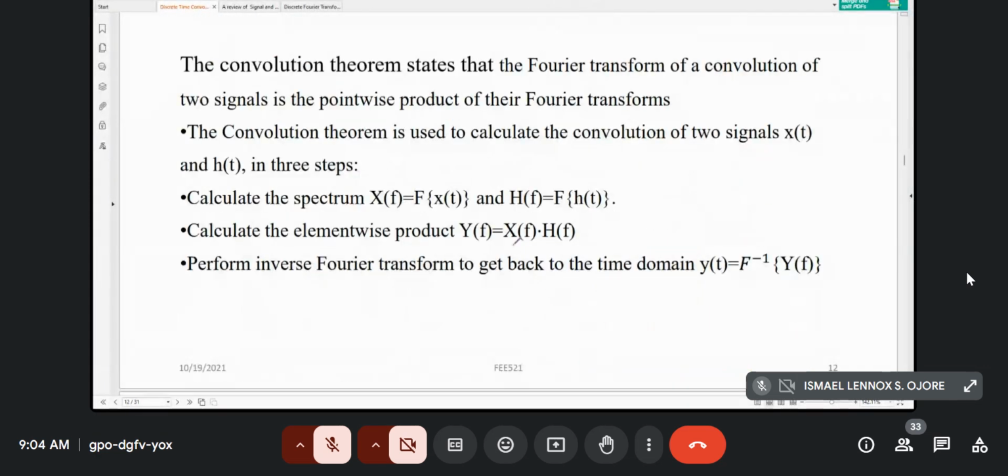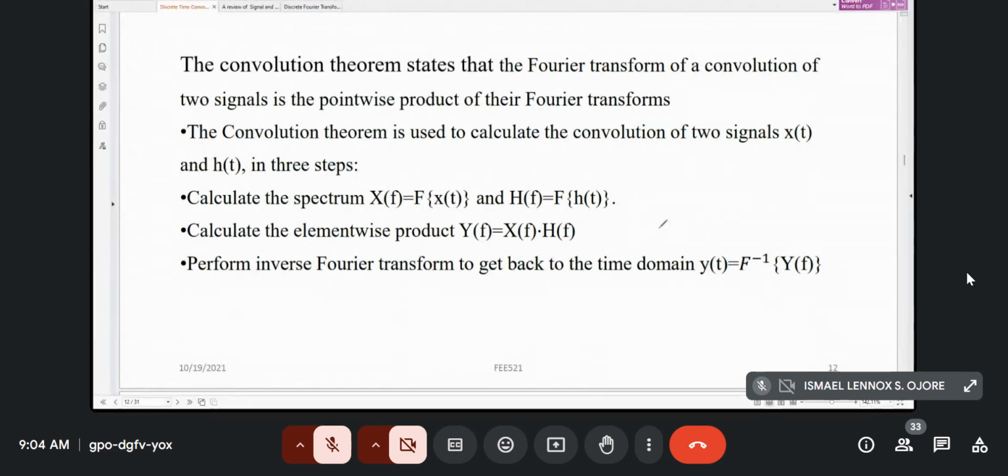All right. So the convolution theorem is very important to us because, as you can see, the convolution is fairly convoluted. It's quite a lot of calculations.